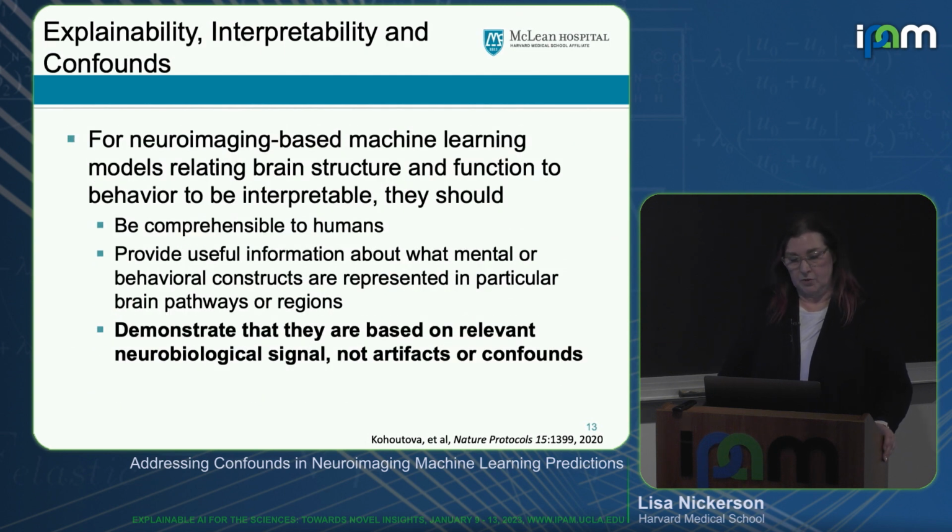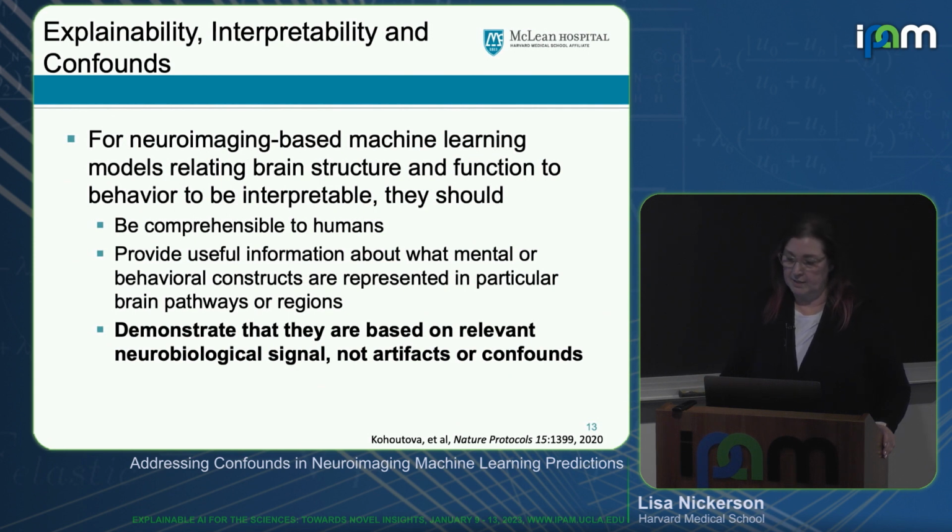However, for neuroimaging-based machine learning models relating brain structure and function to behavior to be interpretable, they should be comprehensible to humans. They should provide useful information about what mental or behavioral constructs are represented in particular pathways or brain regions. And they need to demonstrate that they are based on relevant neurobiological signal, not on artifacts or confounds.